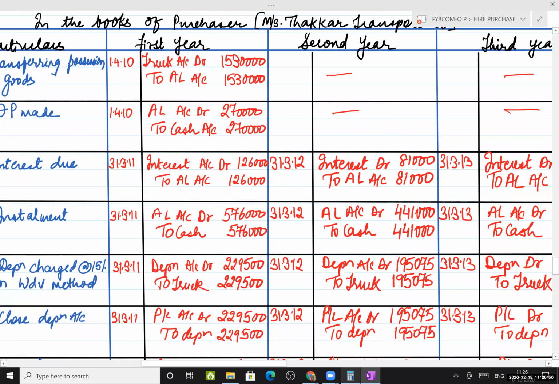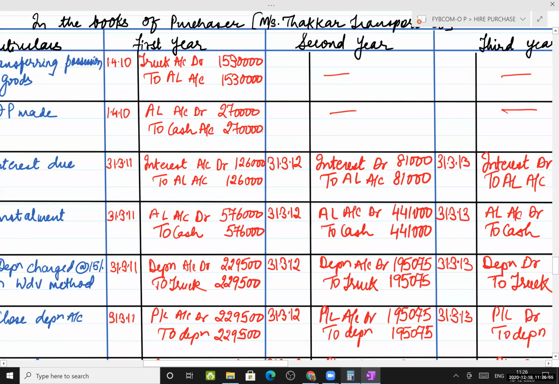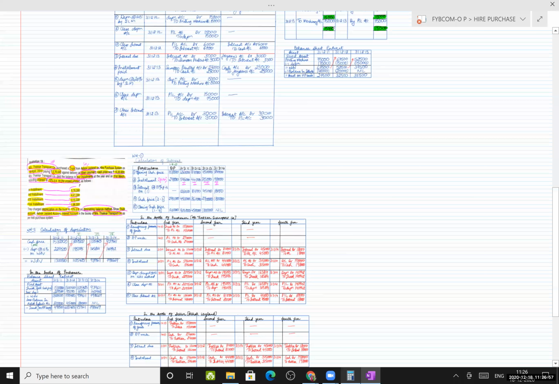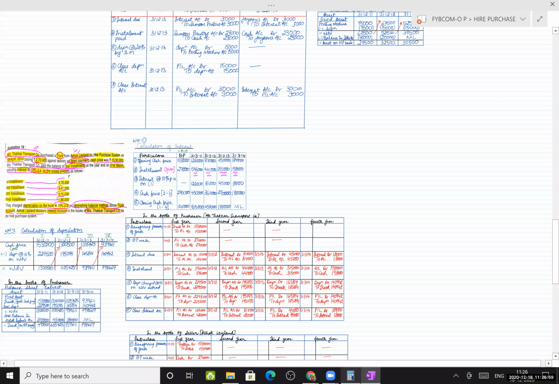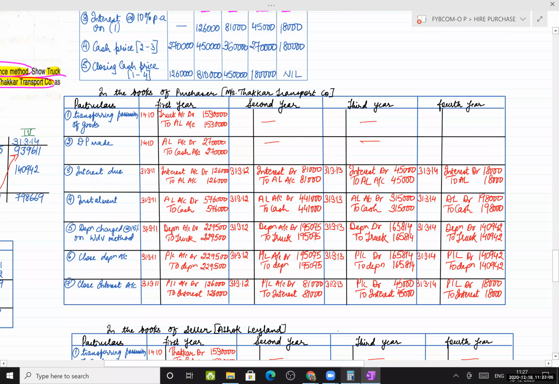So make this table. This will be a shortcut way to pass journal entries for 4 years. Okay. In the books of purchaser, who's the purchaser? Thakkar Transport Company. So in particulars we will write the step, then first year, second year, third year, and fourth year.